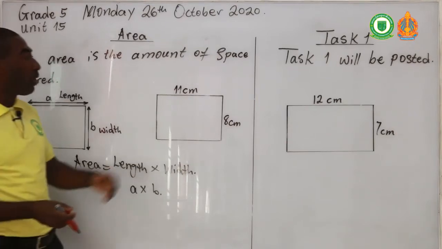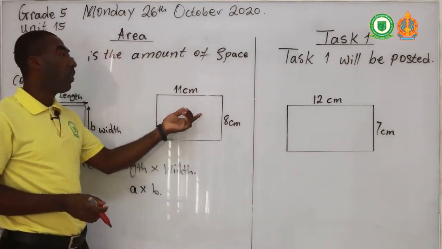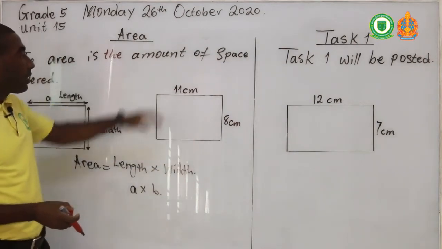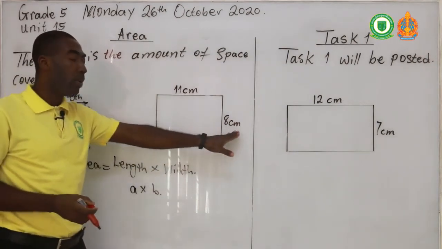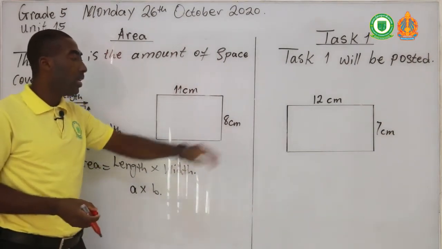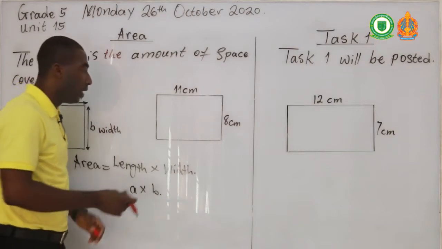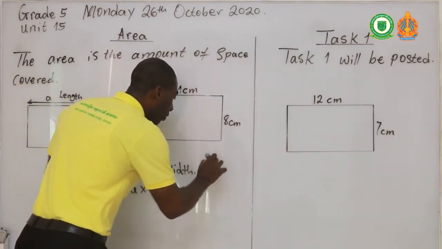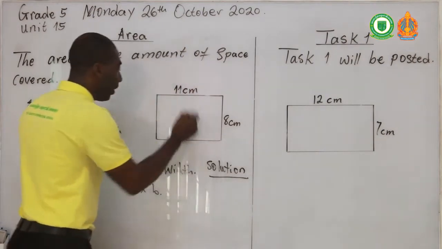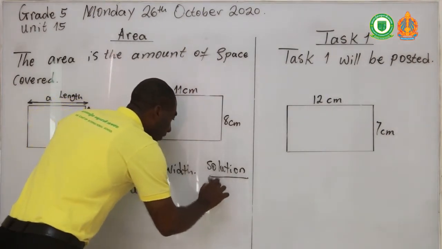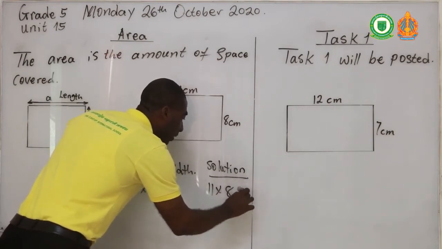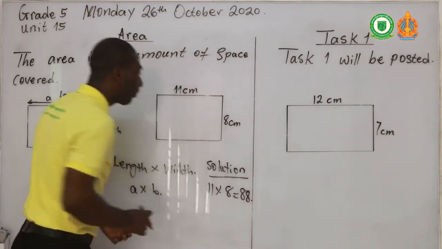We're going to move to how we can find the area of this rectangle. So we know that this side will be the length and then this side will be that of the width. So if here is A, here is going to be B. So we say that solution: our 11, we're going to multiply that with 8 and that's going to give us 88, okay?